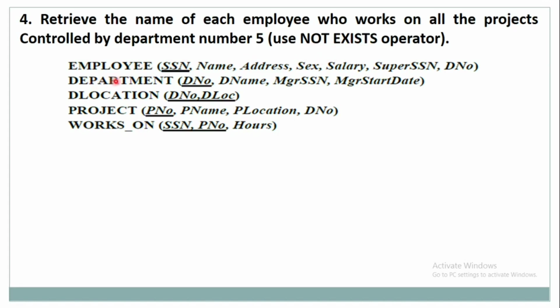So we need to retrieve the name of each employee, so we need the employee table, because we need the name of each employee who works on all the projects controlled by department number 5. As you can see in the project table, we have the department number that controls some projects.